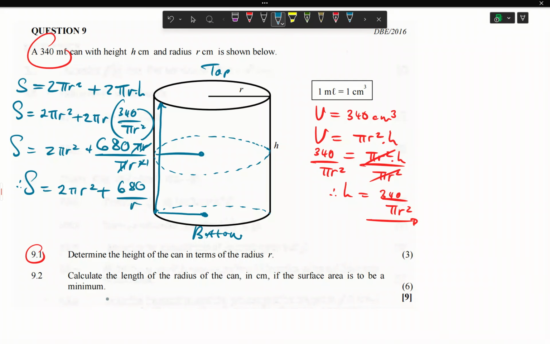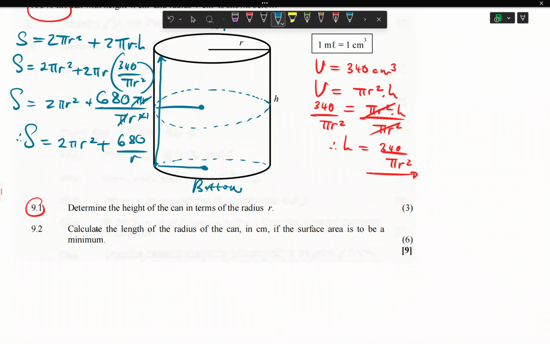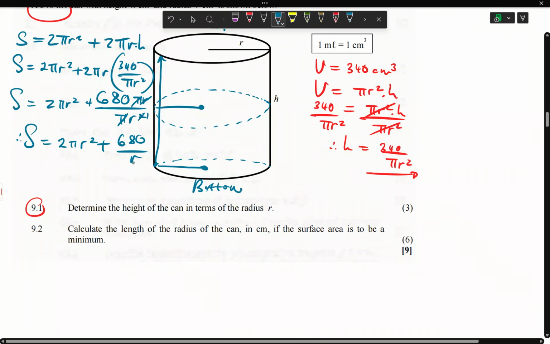We are not done. You have to calculate the length of the radius of the cone if the surface area is to be a minimum. So now we have to minimize. You know that when we minimize, we simply take the first derivative and then equate to 0. Before taking the derivative, you see you have the independent variable in the denominator, so you have to take the reciprocal of that.